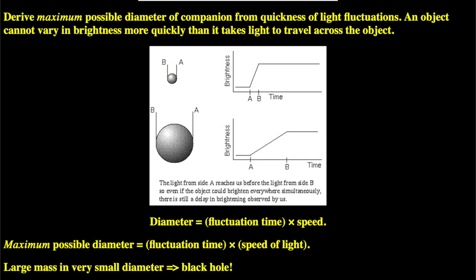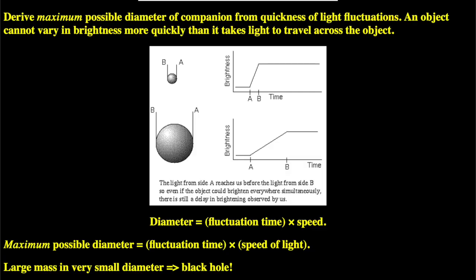The X-rays from the black hole's accretion disk flicker and fluctuate. We can use how quickly the X-rays change their brightness to derive the maximum possible diameter of the unseen companion. A universal rule of nature is that an object cannot vary in brightness more quickly than the time it takes light to travel across the object.